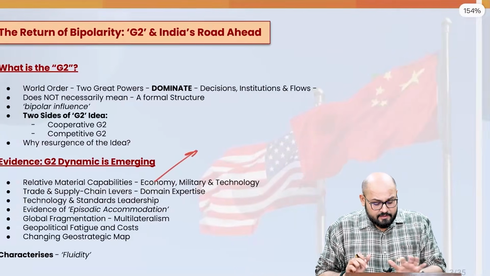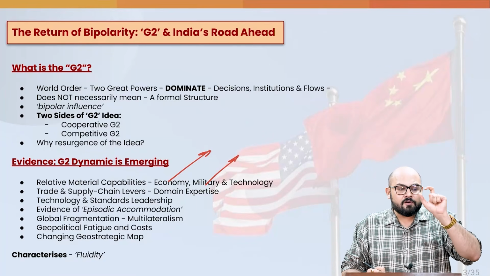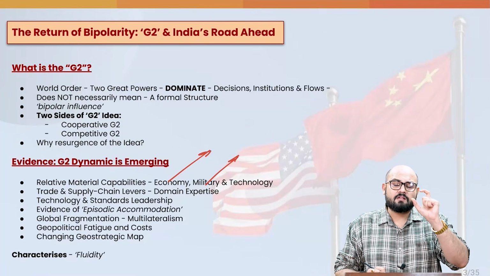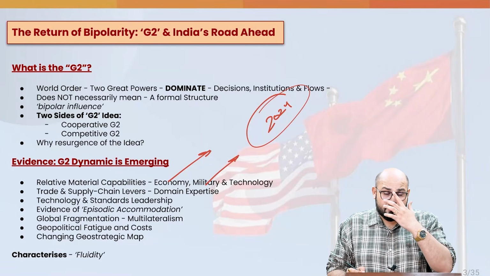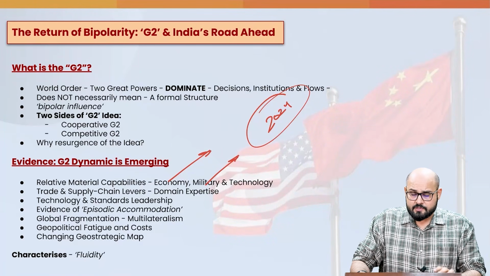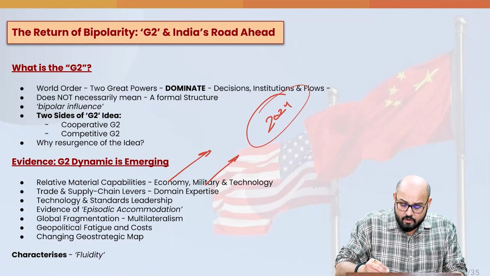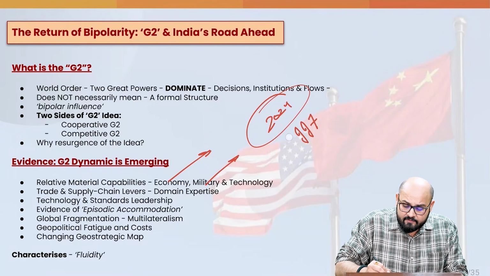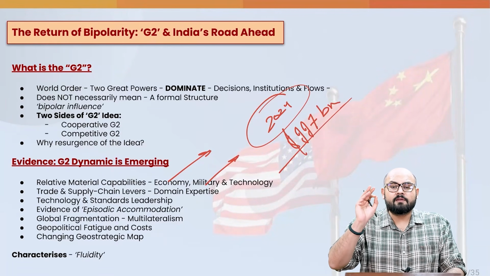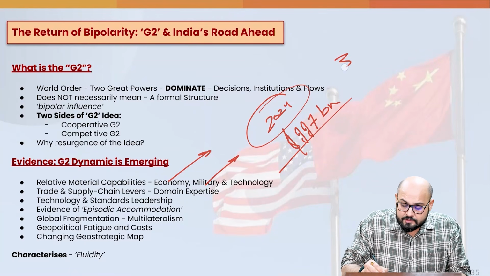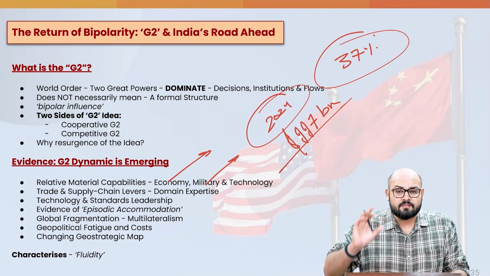Next aspect which you'll have to understand is the military aspect. Both these countries are among the largest defense spenders. In 2024, according to the Stockholm International Peace Research Institute, SIPRI, USA spent almost 997 US billion dollars. Can you just imagine? 997 US billion dollars. And it was almost 37% of the global defense spending.